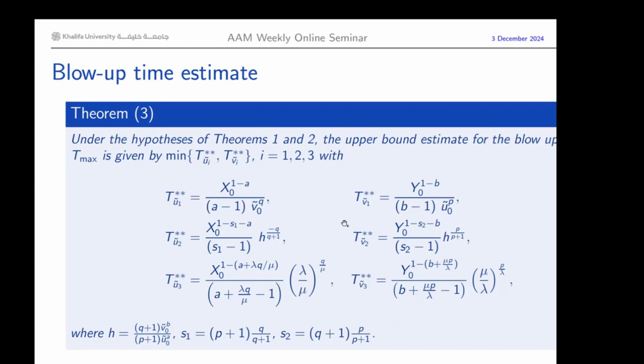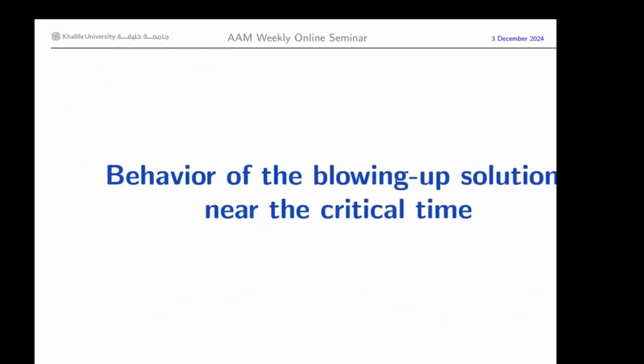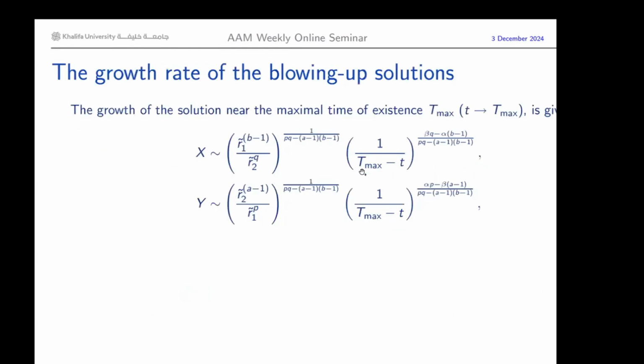Well, the role of alpha and beta will come in the precision of the behavior of the blowing up solution near the critical time. So here, as t goes to t max, we know that our solution blows up. So as t goes to t max, x will go to infinity at the following rate, and y will go to infinity at the following rate.